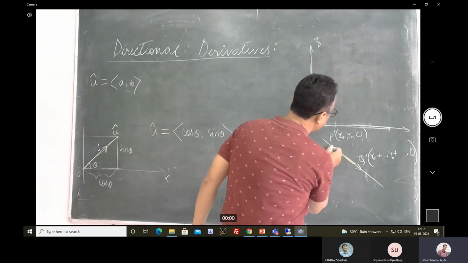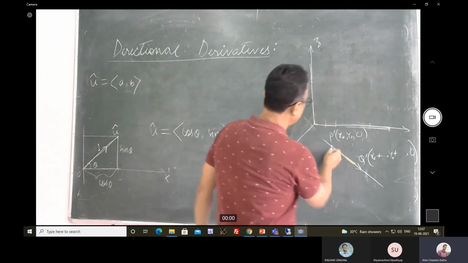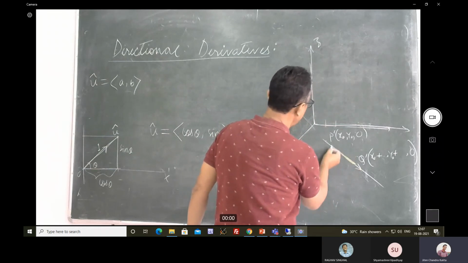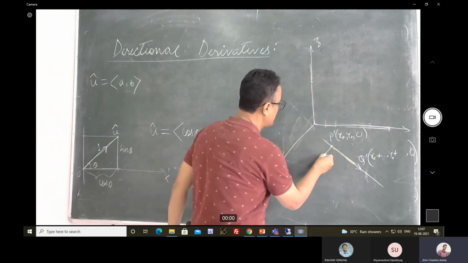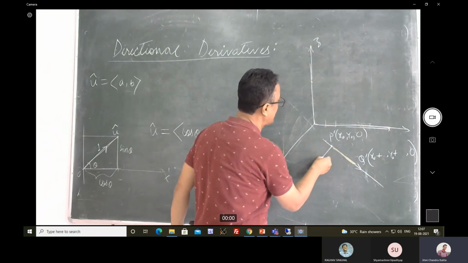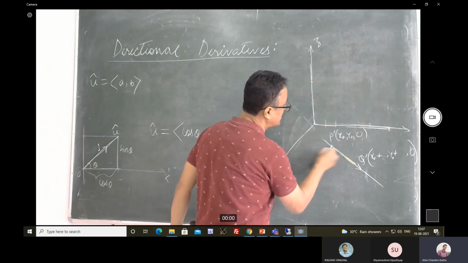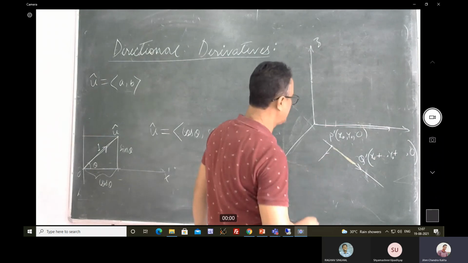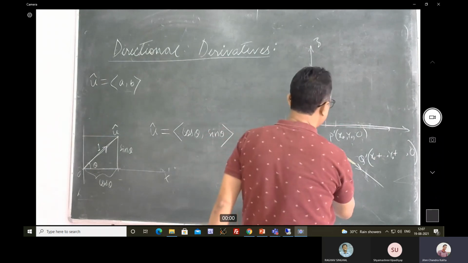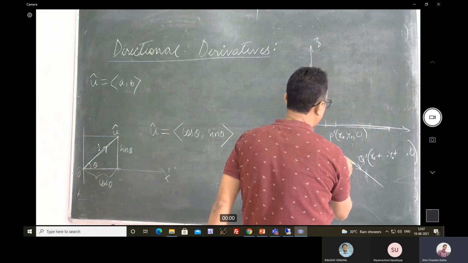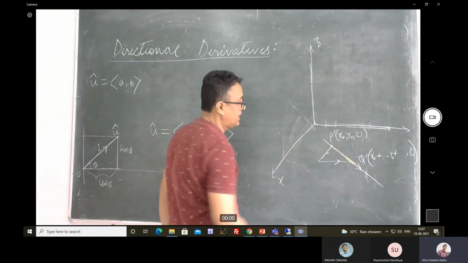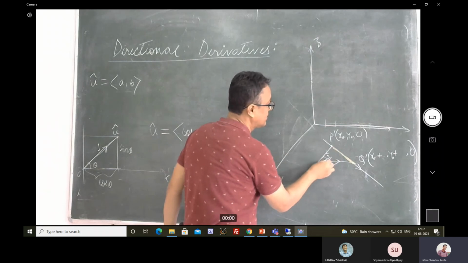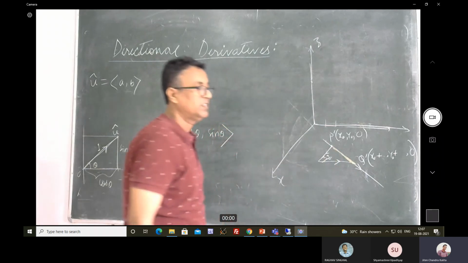Now let us consider the vector P prime Q prime. I'm drawing a line parallel to the x-axis, then moving a little distance, and after that again drawing a vector parallel to the y-axis. So this angle will be 90 degrees, isn't it? Is it okay?